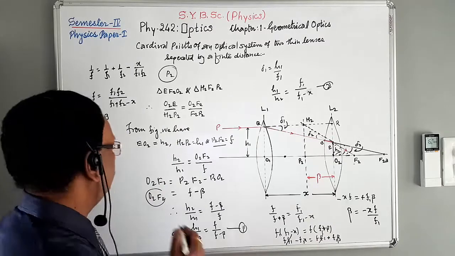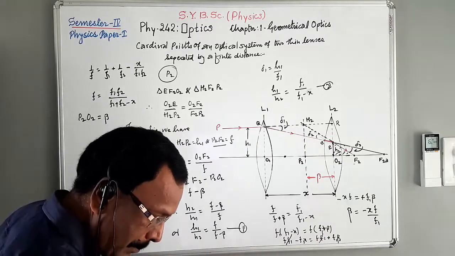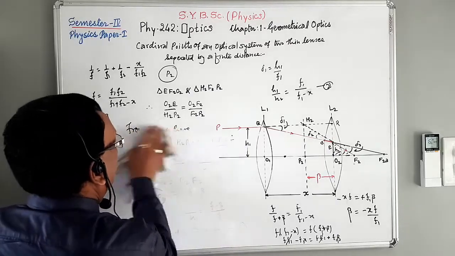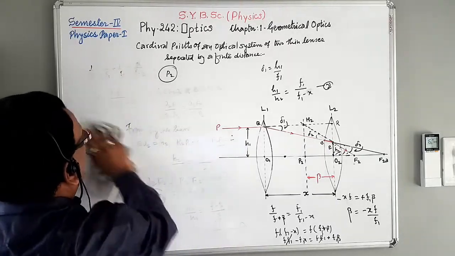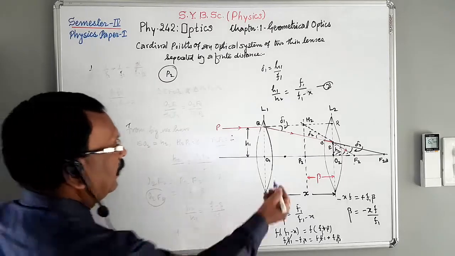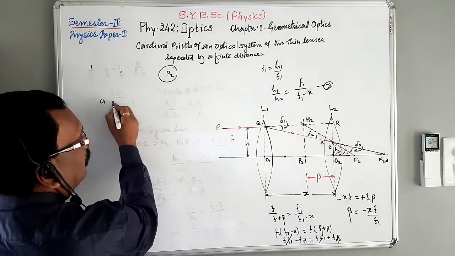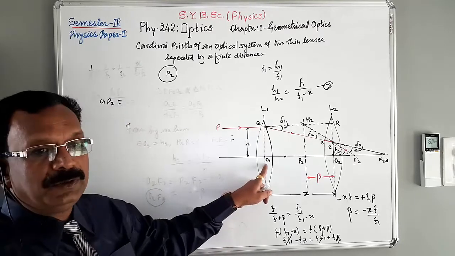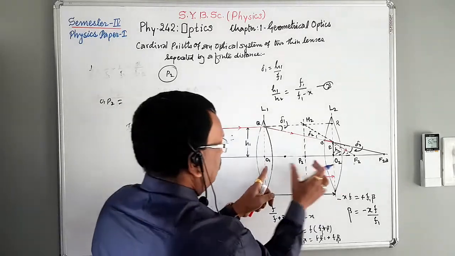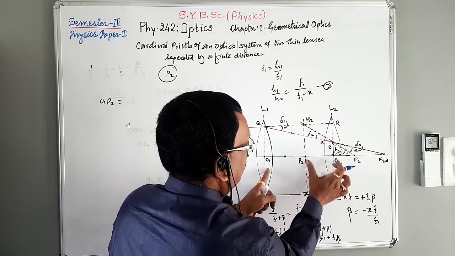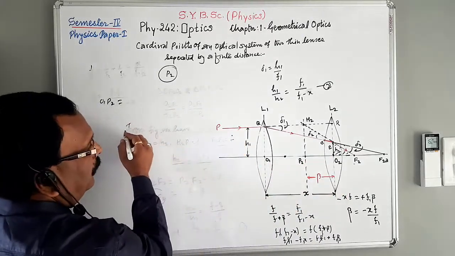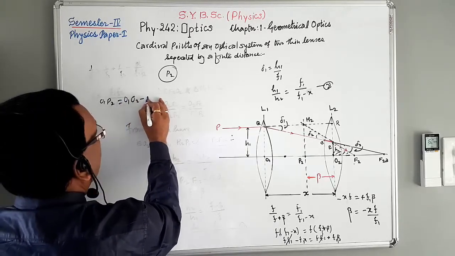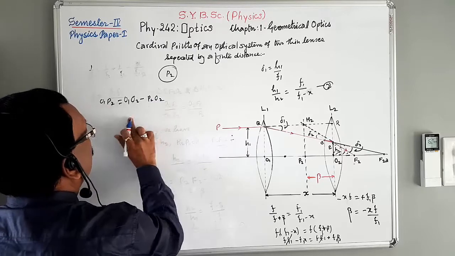So in this figure, O1 P2 is equal to this distance minus this distance, that is O1 P2 is equal to O1 O2 minus P2 O2.